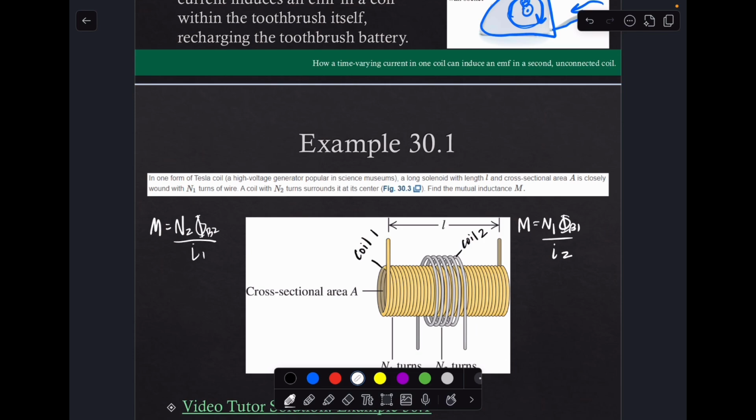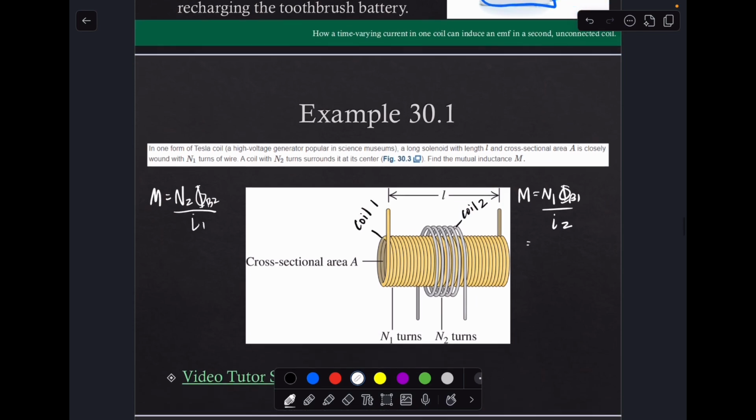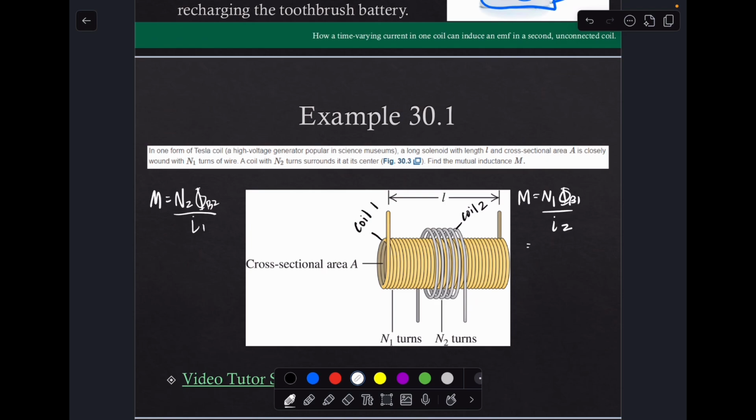So let's start over here. Well, we know the number of turns for coil 1 is N1 turns, so we don't need to manipulate anything there. What about phi B1? Let's expand what that is. Phi B1, well, that's BA, right? That's the magnetic field. Where's the magnetic field coming from?